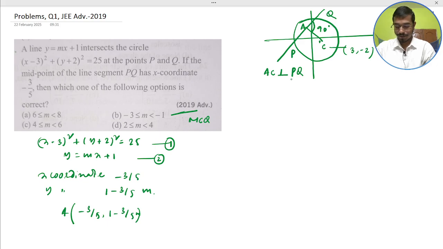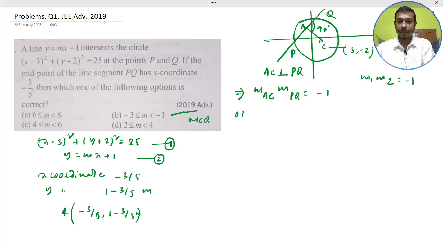So simple concept, slope of AC, means M of AC, into slope of PQ, M of PQ, that is minus 1, because AC is perpendicular to PQ. Condition is what? M1 M2 is minus 1.